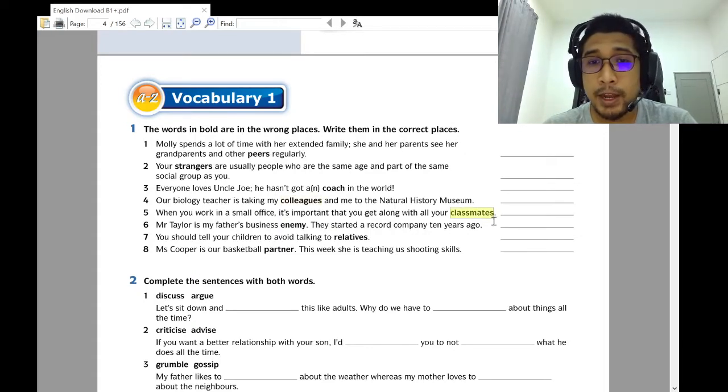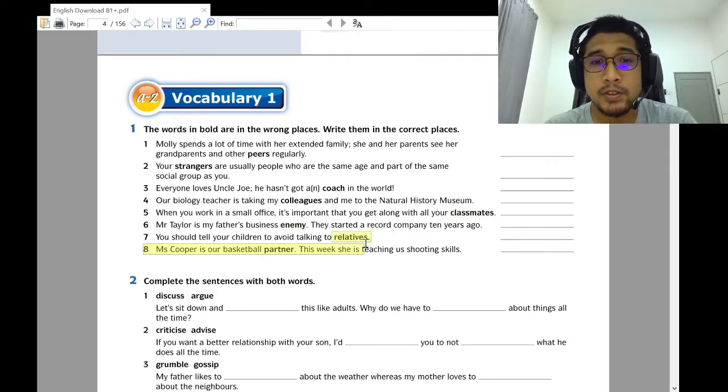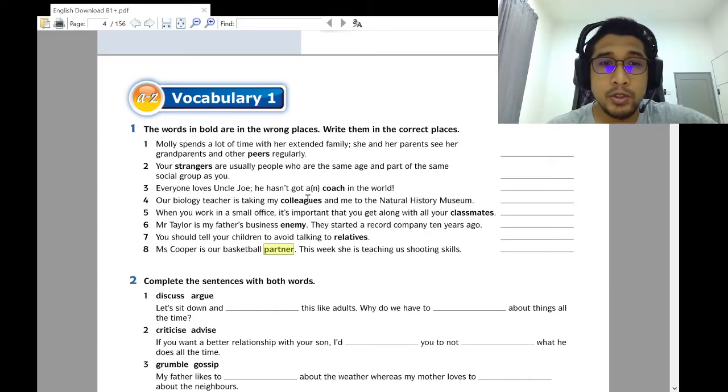And then we have classmates. Of course, classmates. I'm sure everybody knows this. Enemy, musuh, relatives, saudara mara, and finally we have partner. Partner lah. So what you need to do is to put these words in the right sentences because all of them are in the wrong places.